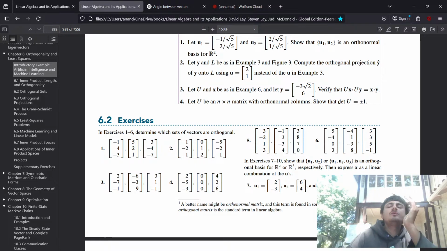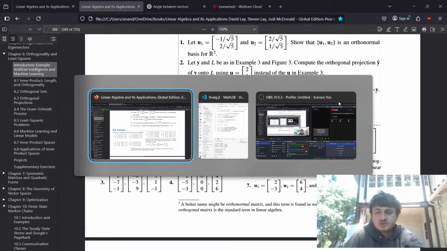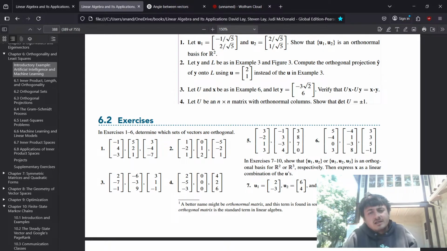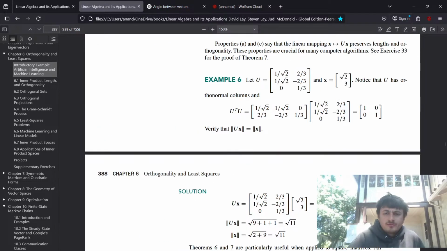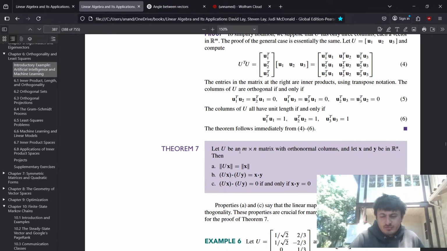So intuitively, if I can just spam my thoughts, we know from the theorem, which we still definitely need to prove, that basically U is going to be length preserving. So if we give it anything, even though that anything will change its direction, it's not going to change its length.